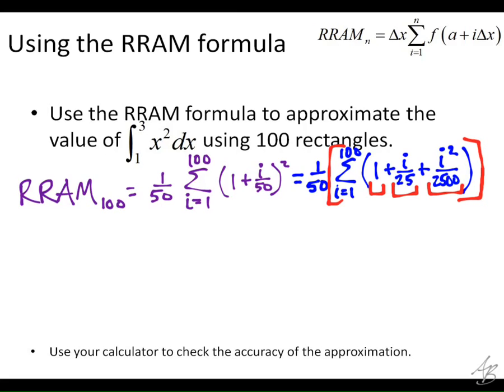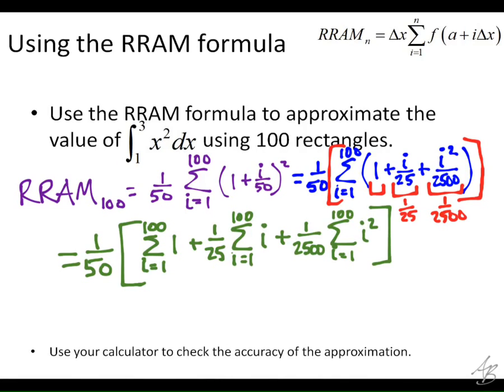Now when I do that, I'm going to factor the constants out. So the constant, there is no constant in this one besides just the 1. I'm going to leave that there. The constant in this one is going to be 1 over 25. So I'm going to factor that out, and I'm going to factor out the 1 over 2,500 in this one. All right, so I'm doing a couple of things here. If you have a question about what I did, let me know.